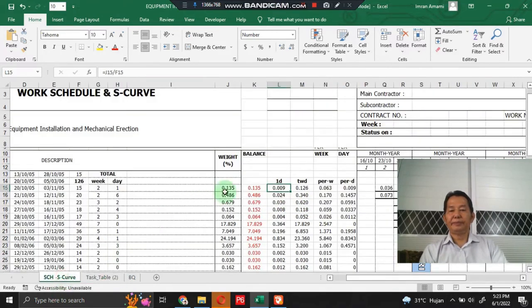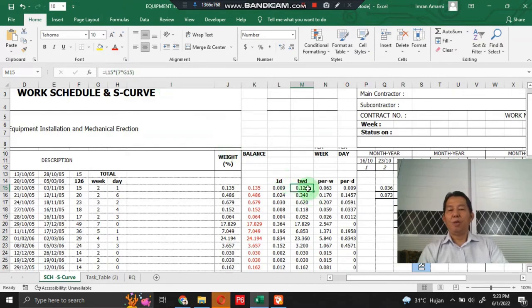Then in the cell is the number of work factor on a weekly basis. This is total weekdays. It can be seen in the cell that there is a formula inside. It has L15 multiplied by G15 multiplied by 7, which means the number of days in a week.